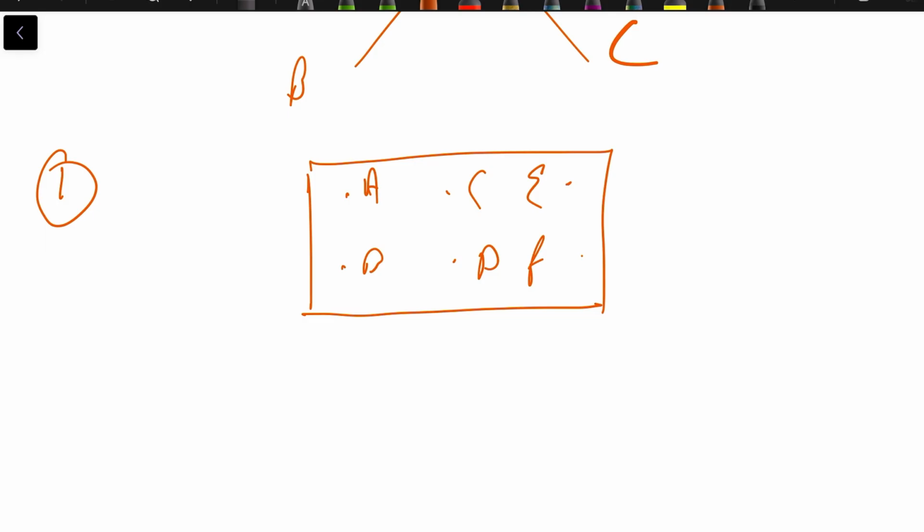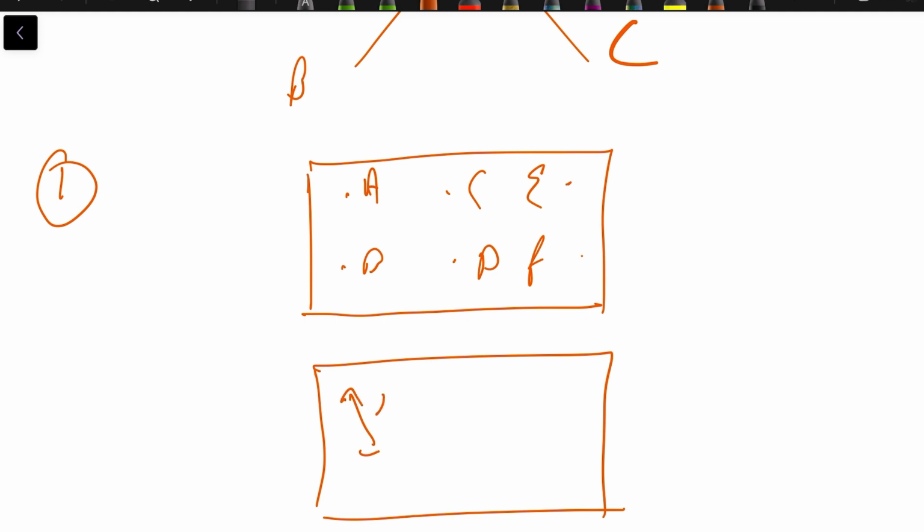Okay, in the same way, line segments belonging to the same plane are called coplanar lines. So let's take this one, this is a line segment L1, this is another line segment L2, this is line segment L3.